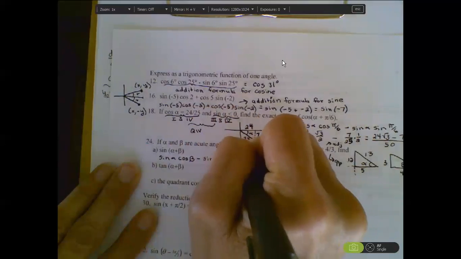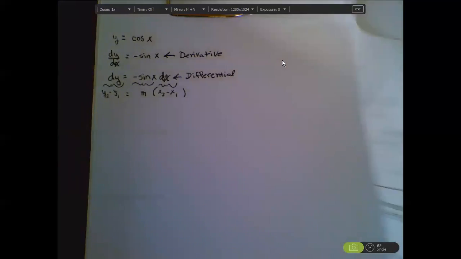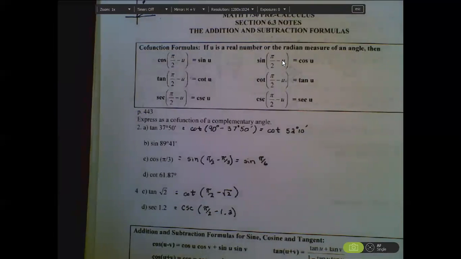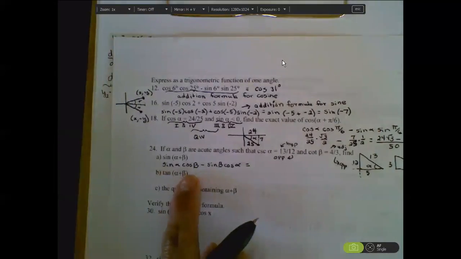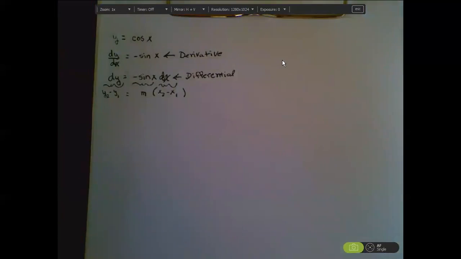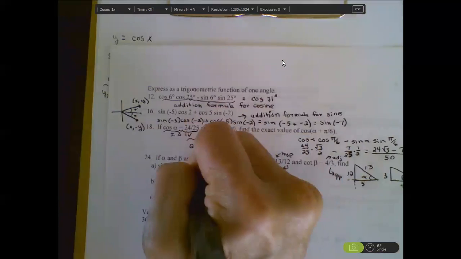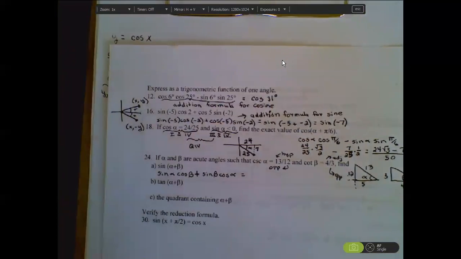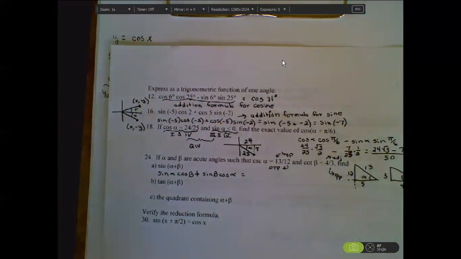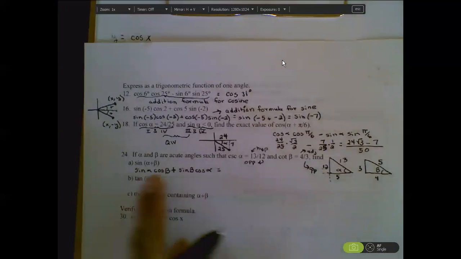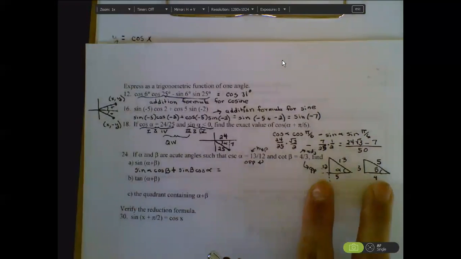I'm going to make sure I wrote that down correctly. I'm using the addition formula: sine cosine plus cosine sine. And I can read each of these 4 values straight off of these 2 triangles.